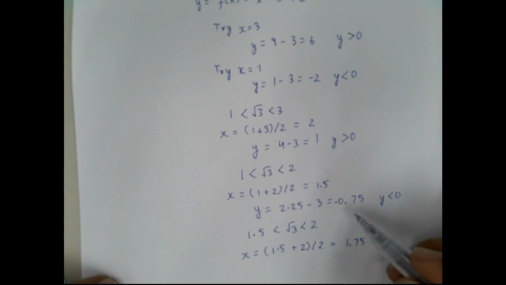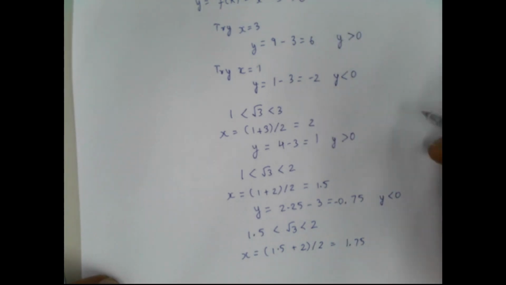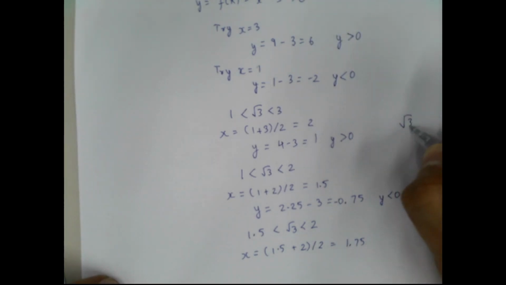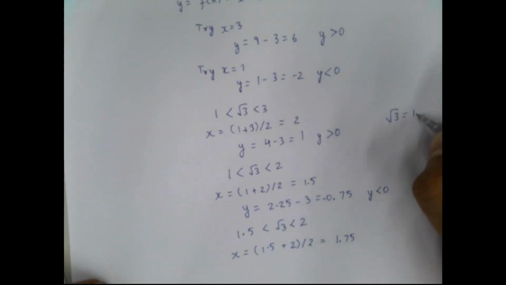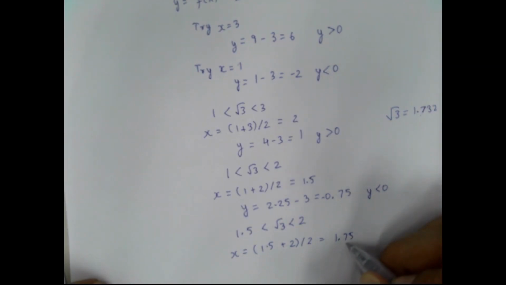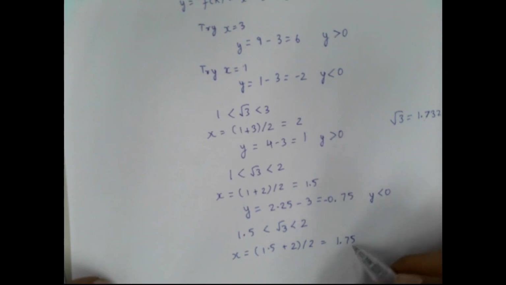And as we can see, the square root of 3, if we calculate it separately, is somewhere around 1.732, right? So we have a second significant figure. At this point we can kind of stop, but let's still go ahead and try.